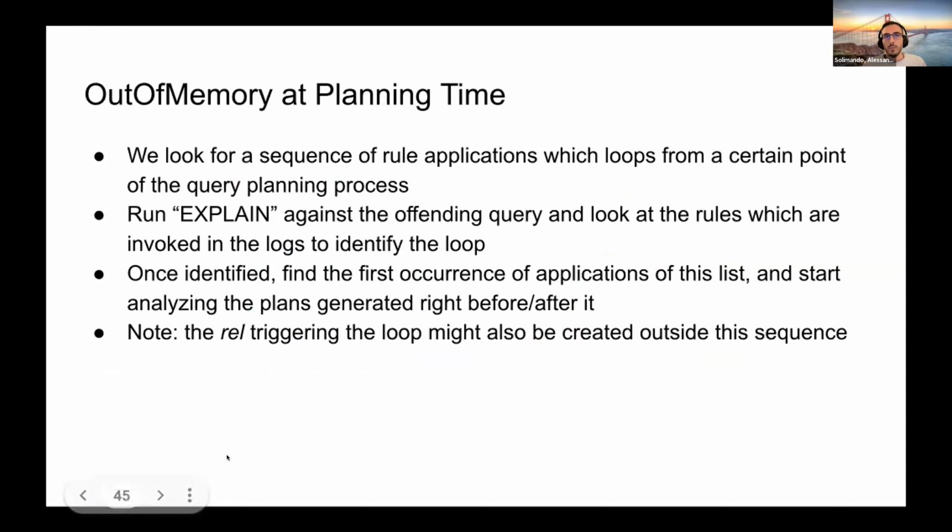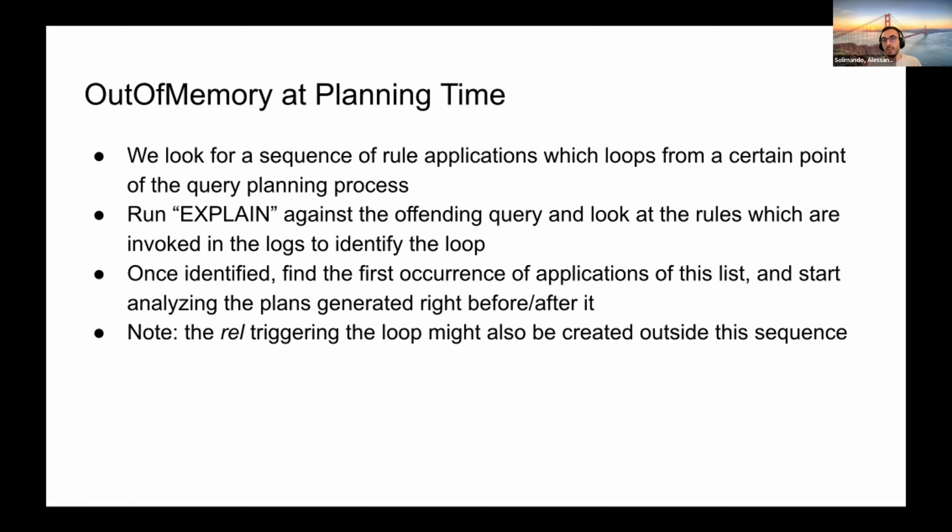So we will see two other kinds of common planning issues. The first one is out of memory at planning time, where you have a sequence of rule applications that is looping from a certain point onwards during the query planning process. If your database system based on Calcite has an explain command, you usually want to run it, get the logs, and visually inspect the list of rules that were applied, by grabbing the logs as shown in the previous slide.